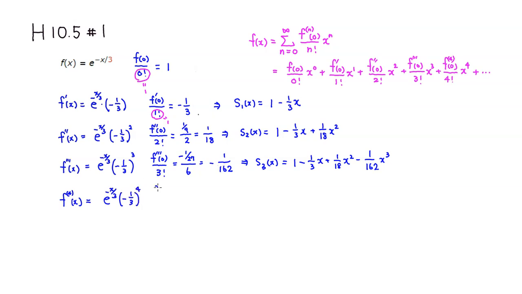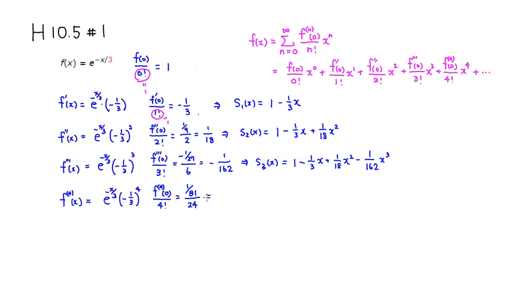So this is going to be the fourth derivative of f evaluated at 0 and divided by 4 factorial. 3 to the fourth is 9 times 9, 81, so it's going to be 1 over 81. Then divided by 4 factorial, which is 24.